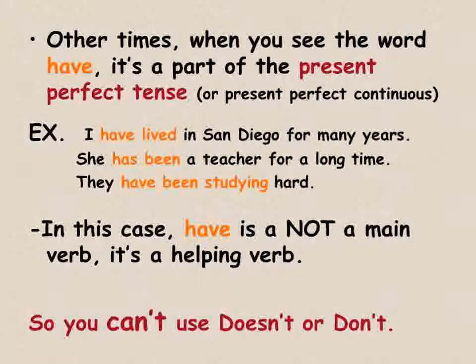She has been a teacher for a long time. They have been studying hard. In these cases, have is not a main verb. It's a helping verb. So consequently, you cannot use doesn't or don't.